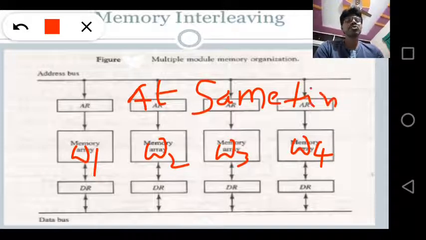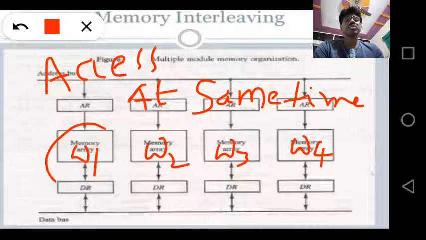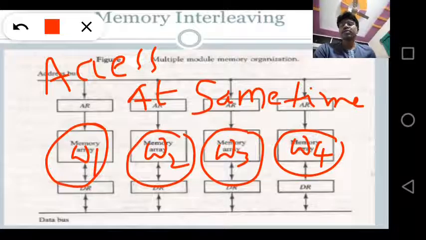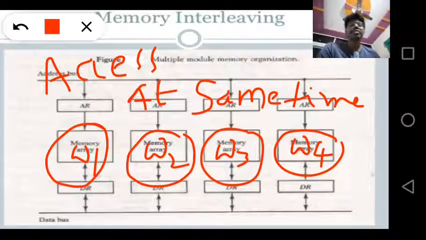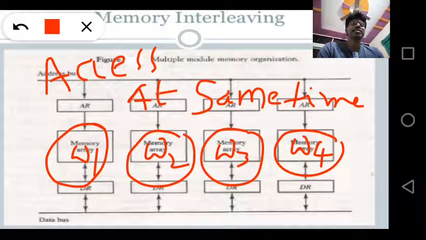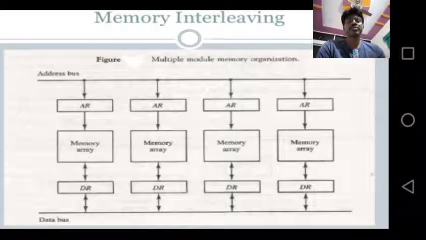That is the goal. That is the major advantage of the concept of memory interleaving.